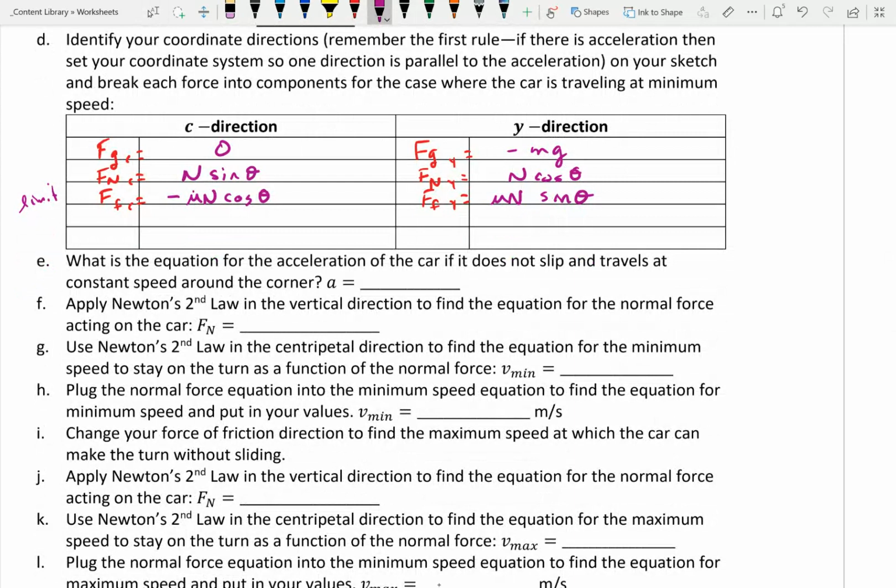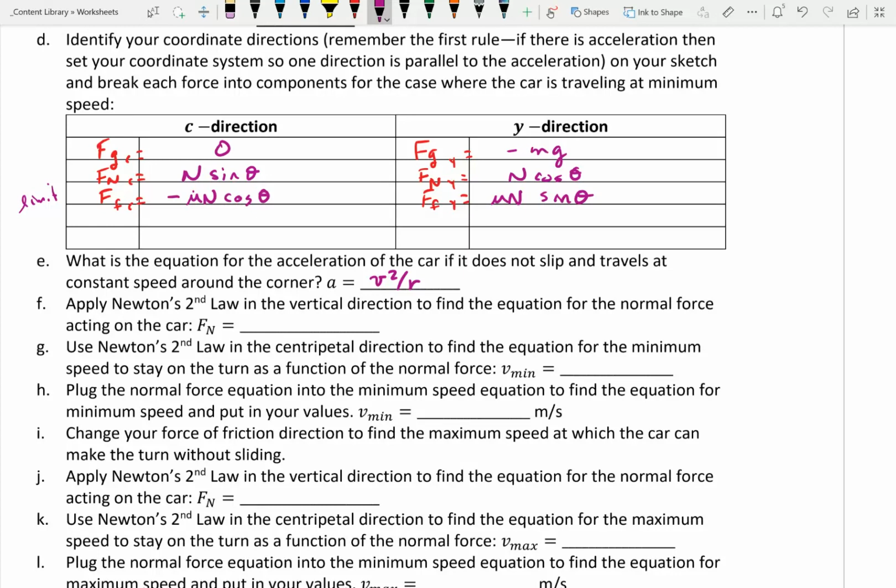So in that case, if I want to find the acceleration, then there's the equation of acceleration. v squared over r is the equation for the centripetal acceleration every time. I didn't have to use Newton's second law for this. That is what is required for the car to go around the corner.